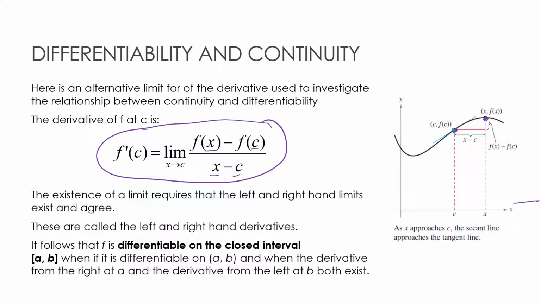As I look at my first point, if I look at the left of that, I can see it is continuous and there is going to be a derivative. And from the right of that, it is continuous and there is going to be a derivative, because I can find the slope of the line tangent at that point. Again, we'll talk more about how to visually look at a graph and determine this.